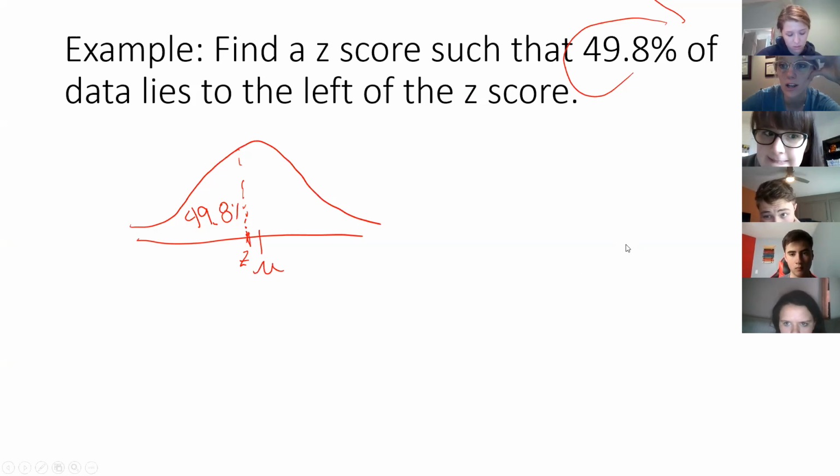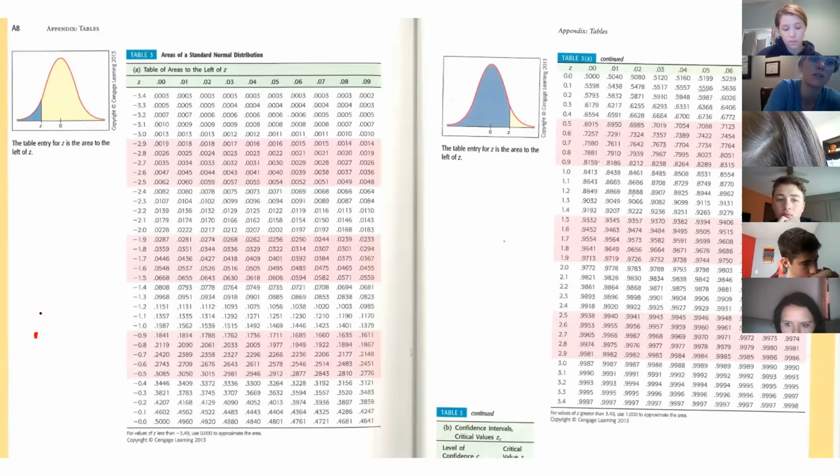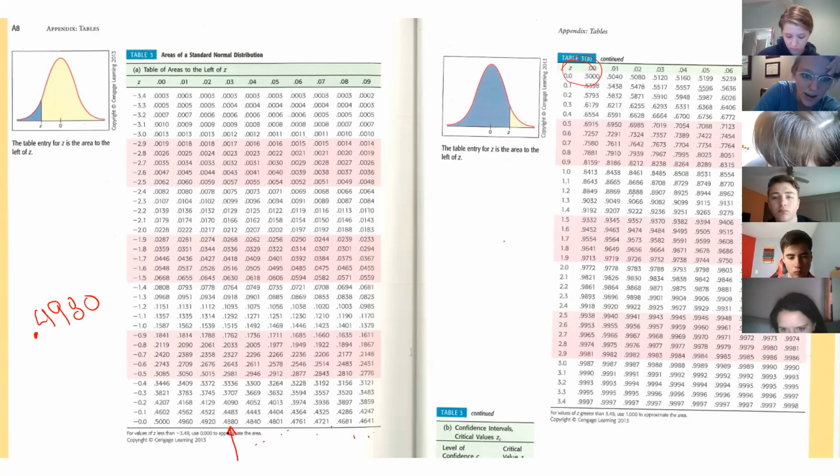Okay, so here's a z-score table. What are you looking for in the z-score table? 0.498, technically 0.4980. You know that 50% is at 0, so you're going to be just a little bit to the left. Here's 0.4880 and then here's 4920.